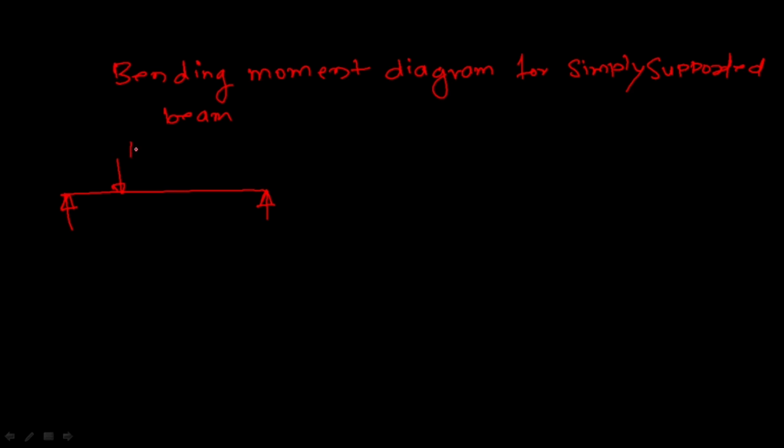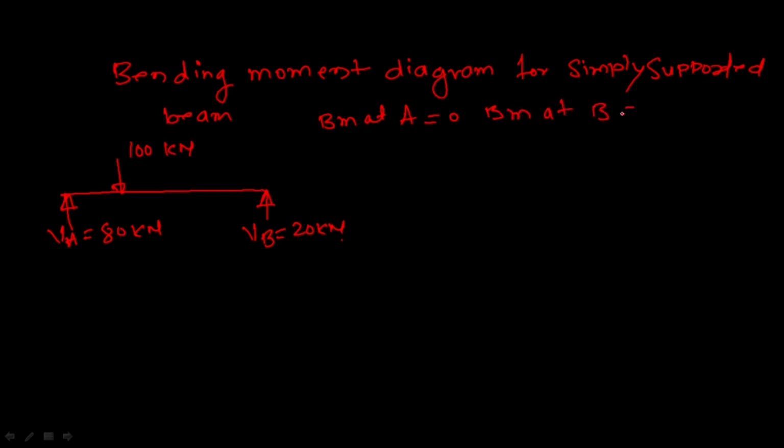This is the load 100. Already we have the reactions VA, that is 80 kilonewton, and VB, that is 20 kilonewton. We know the bending moment at A is equal to 0, and the bending moment at B is equal to 0. This is A and this is B.